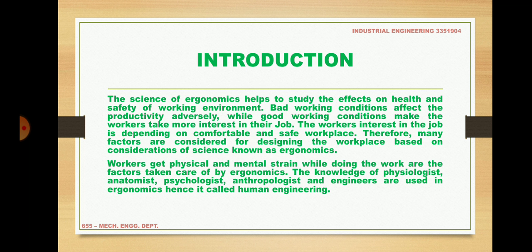The knowledge of psychologist, it's for mental ability. Anatomy, it's about muscle power. Psychologist, behavior. Anthropologist, it depends on body structure, and engineers are used in ergonomics, and it's called human engineering.